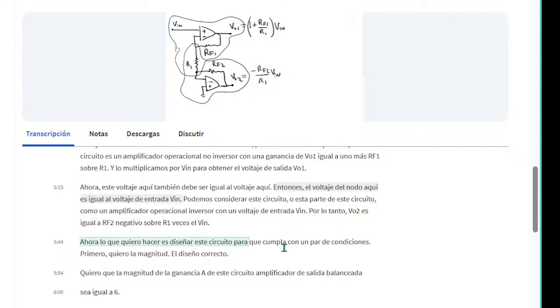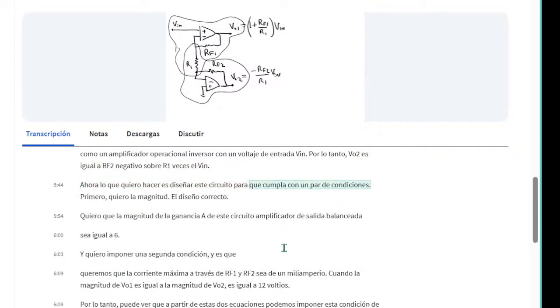Now, what I want to do is design this circuit so that it meets a couple of conditions. One, I want the magnitude of the gain A of this balanced output amplifier circuit to be equal to 6.